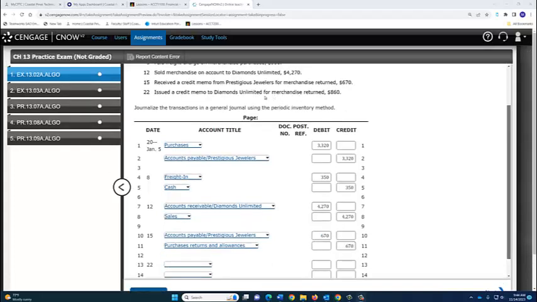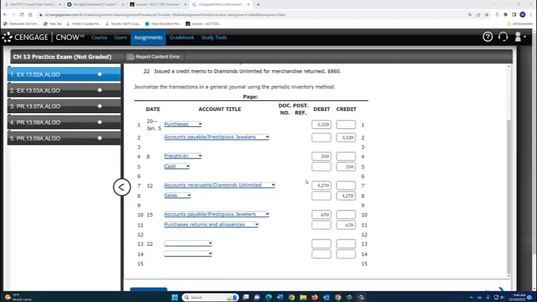In the last entry, we have issued a credit memo to Diamonds Unlimited for merchandise returned. So this is going to be a sales return. And that is from this sale here. So we are going to enter sales returns and allowances as a debit for $8.60.